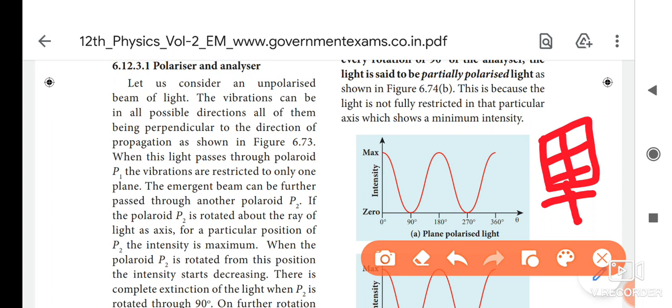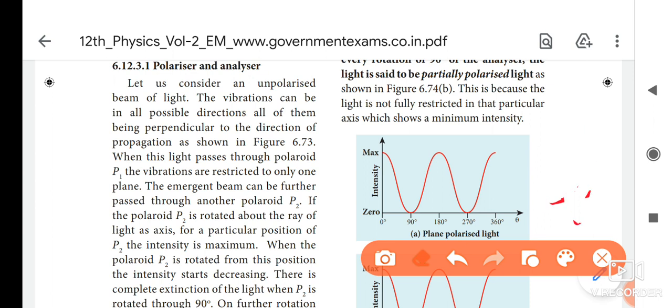Why? Because the window acts like a polarizer here. It has only the horizontal gap, there is no vertical gap, so only the horizontal scale moves to the other side. So this is the function of a polarizer.